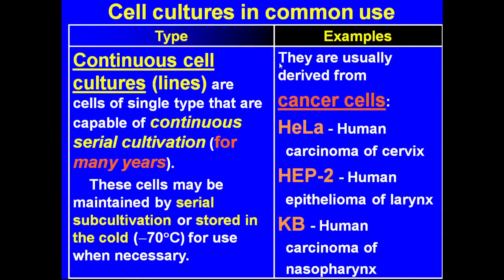And then the third type is continuous cell cultures. Why do we call them continuous? They are cancer cells that underwent malignant transformation. So they may grow forever, for many years, and it's really easy to maintain them. If you don't need them, we may freeze them and store them at minus 70 degrees Celsius, for example.